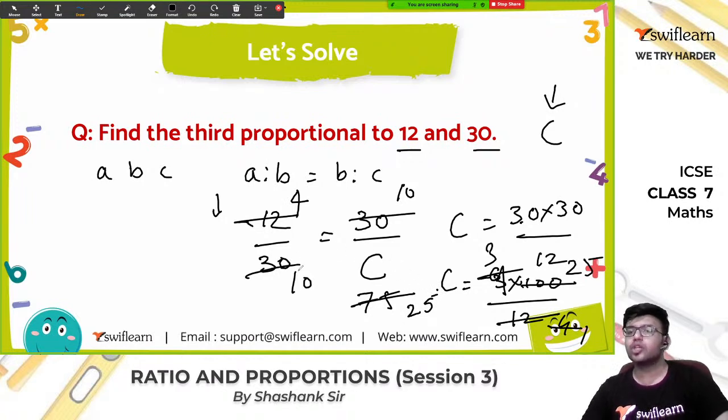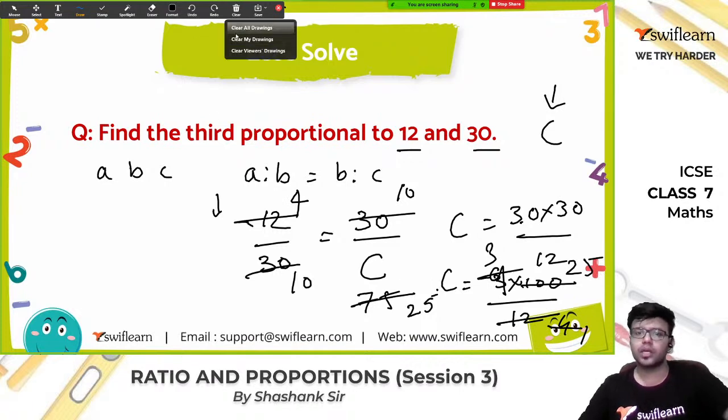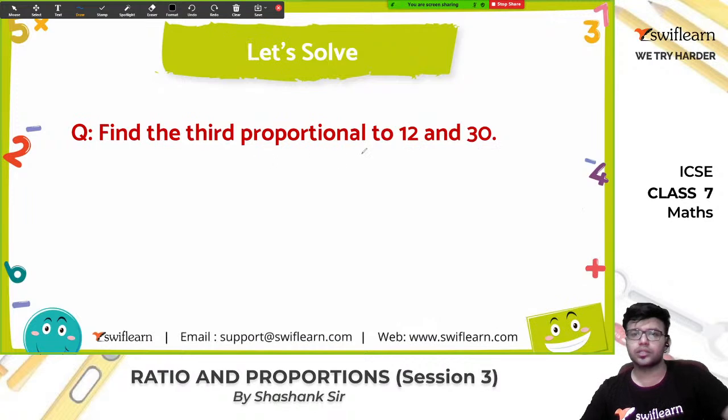Okay, so we are finding here third proportion, and third proportion aa gaya. So how much did I get, guys? So 25 3 ja 75. Yes, 12, 30 and 75. 75 is the third proportion.